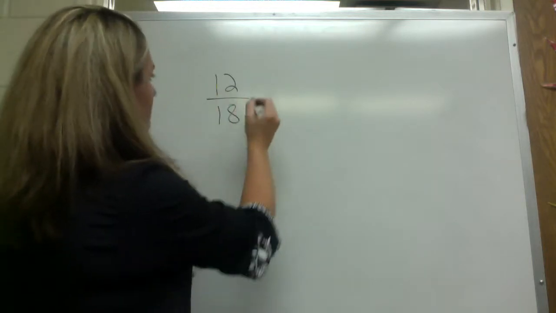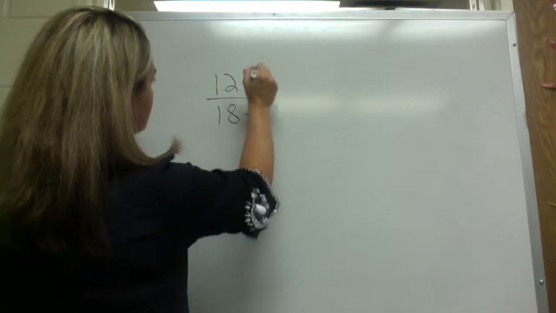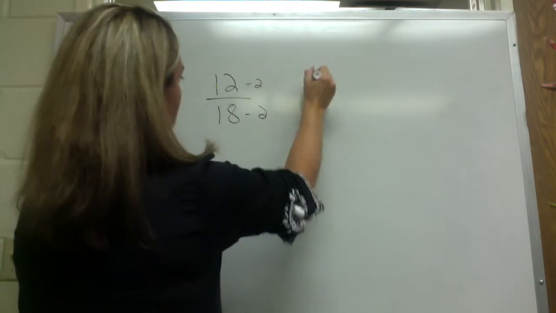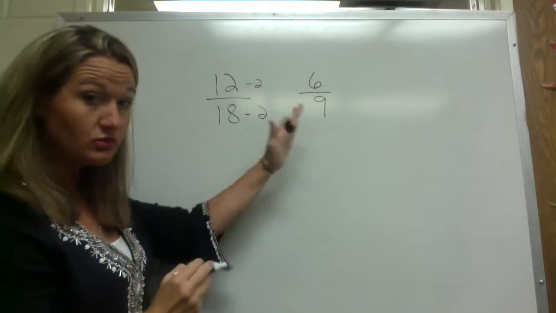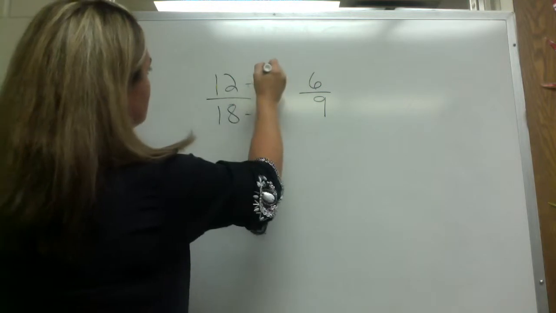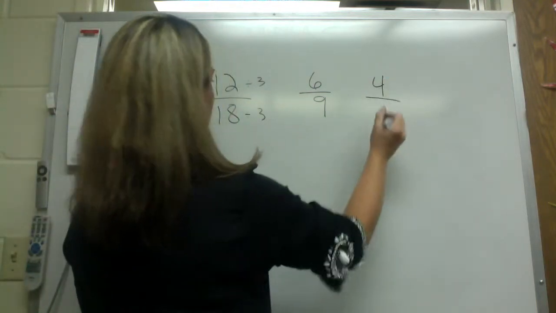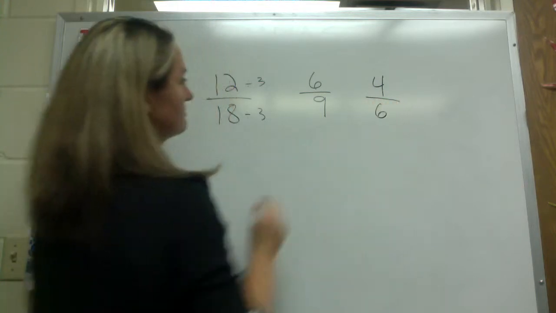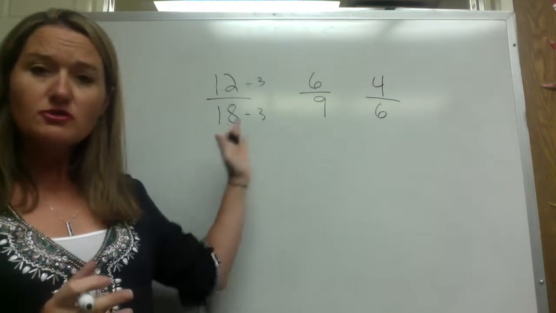I know they're both divisible by 2, so let's divide by 2. That'd be 6/9. Still equivalent. They're both divisible by 3, so let's go by 3. 4/6. And so on. These are all equivalent fractions.